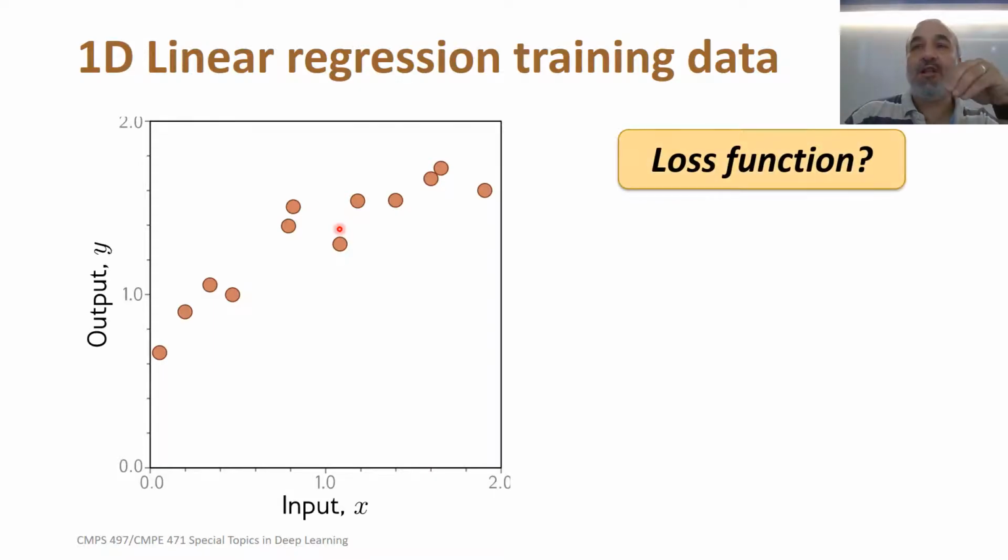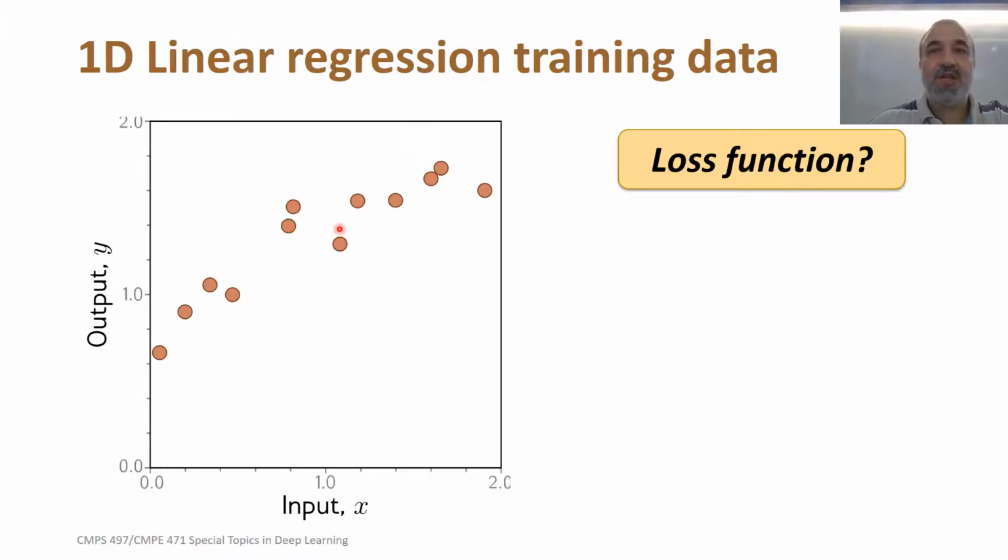And to do that, we use what we call the loss function. As we said earlier, the loss function is an indication of the error, right? So we have to have a specific loss function, and we use it to guide the choice of the line that we will use to represent the relation between the input and the output.